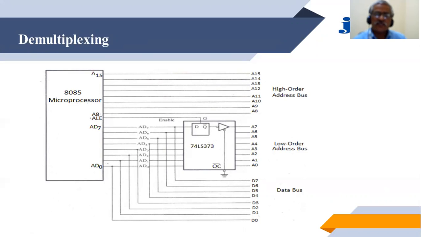To address 64 kilobytes of memory, we require 16 address lines, that is A0 to A15. So this A and D has to be separated so that we get a pure 16-bit address space of A0 to A15, and data separated as D0 to D7.